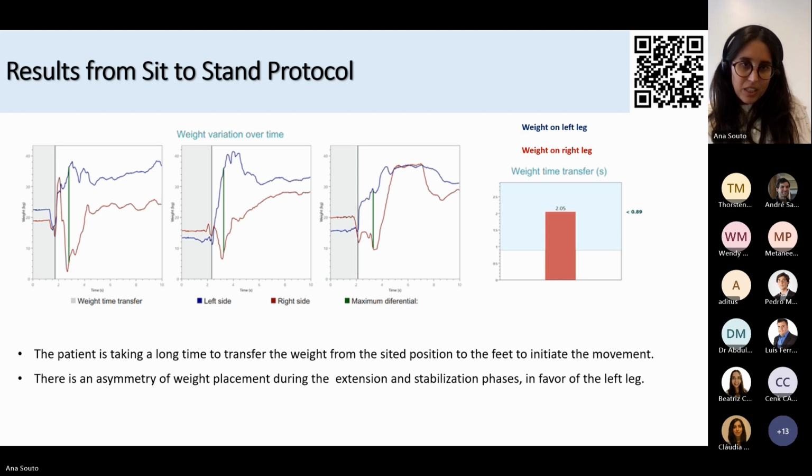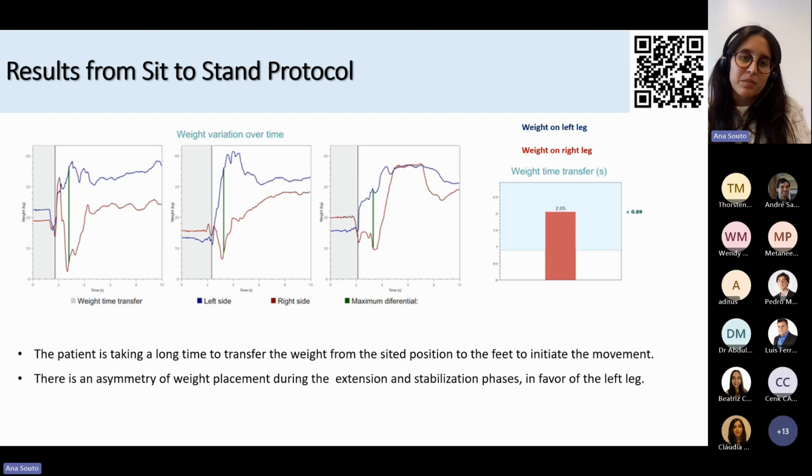So here we have again that this patient is not using his right side to do the movement. He's leaning towards the left and using the left side of the body to complete the movement. And we also have here the weight transfer time, which is increased way above the normative value.